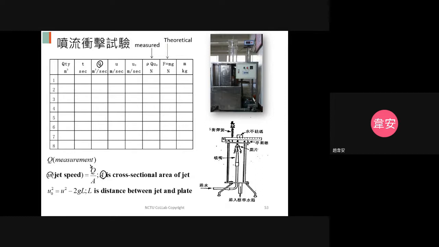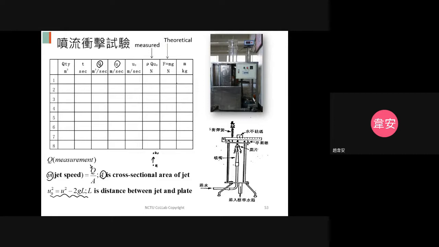We can also control different speeds of the fluid jet U, and based on the Bernoulli equation, this is the initial fluid jet speed, and if the fluid jets upward to these locations, this is U and this is U zero. So based on this equation, we can calculate how large U zero is.